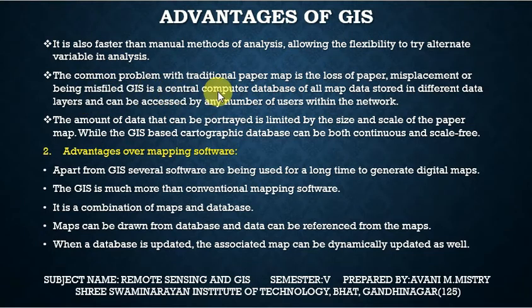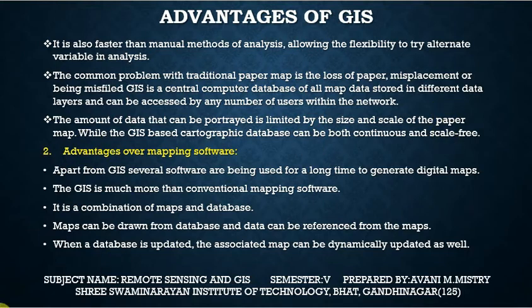GIS is a central computer database of all map data stored in different data layers and can be accessed by any number of users within the network. The amount of data that can be portrayed is limited by the size and scale of the paper map, while the GIS-based cartographic database can be both continuous and scale-free.